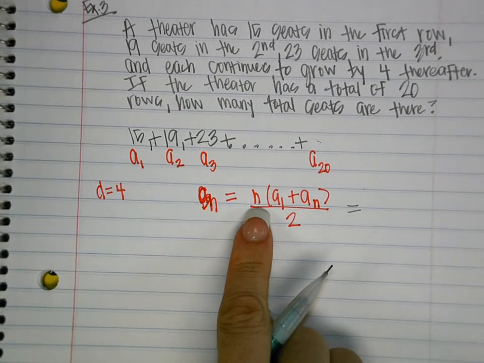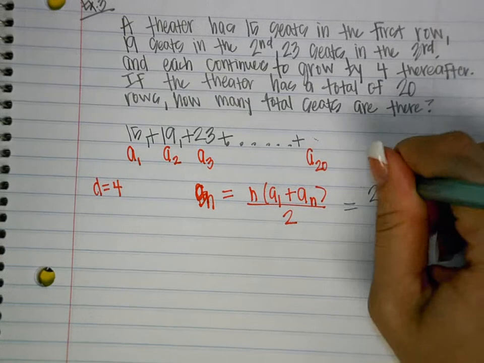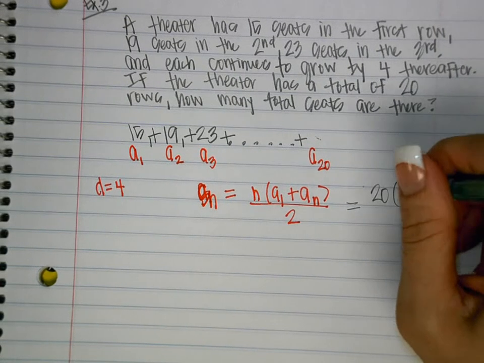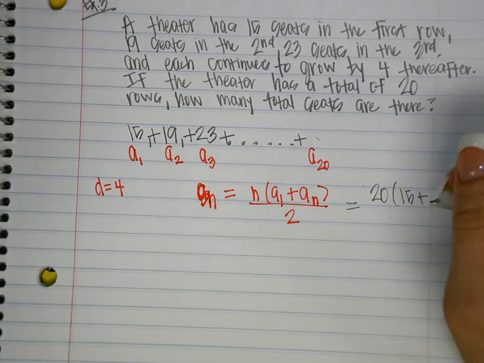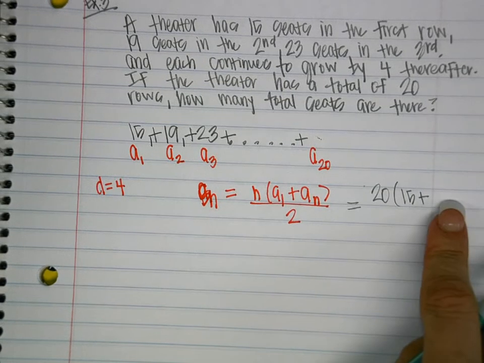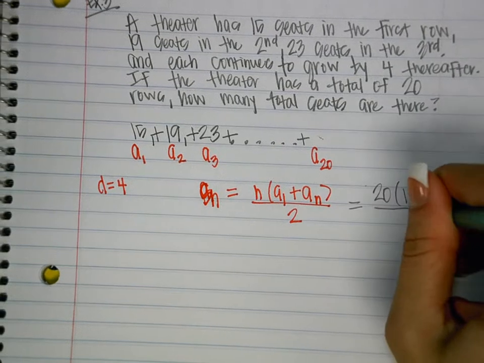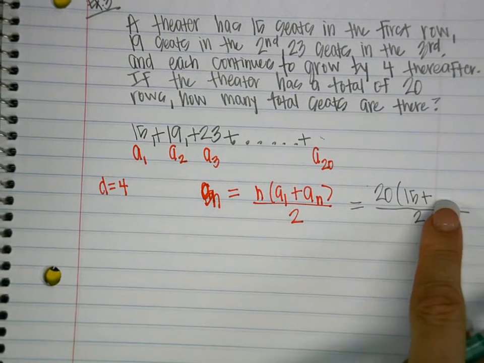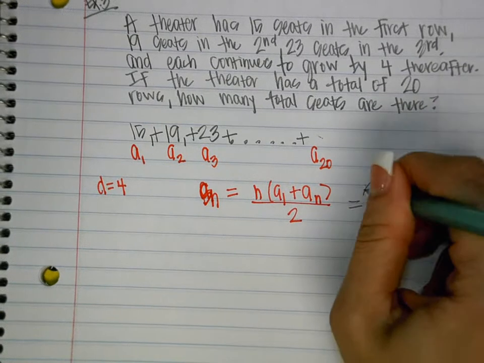Do I know what n is? 20, there's 20 total. Do I know my A1? Yes, 15. Do I know my A20, my last term? You do not yet, but we can figure it out, divided by 2. So how can I find that number?